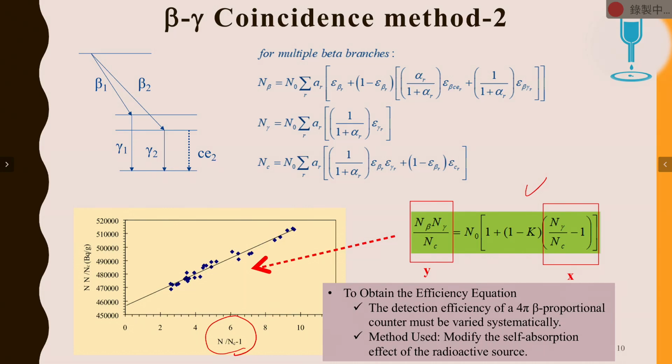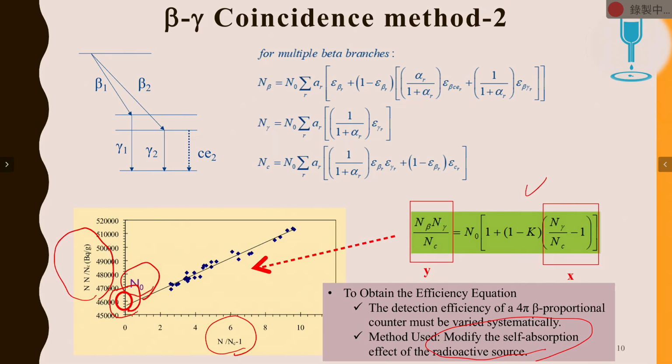So we can get a linear plot. We try to change the detection efficiency, typically by modifying the self-absorption of the radioactive source. The data points show a linear relation which is extrapolated to the intercept corresponding to an efficiency of 100%. At this point we can get the absolute radioactivity.